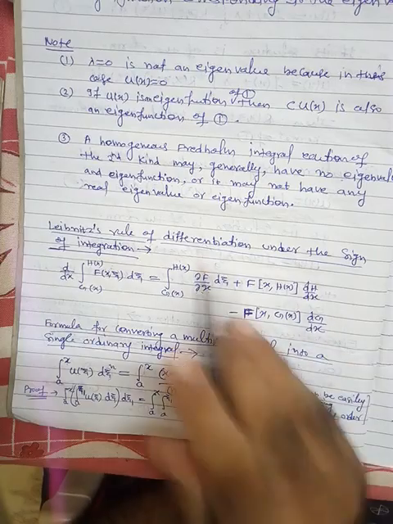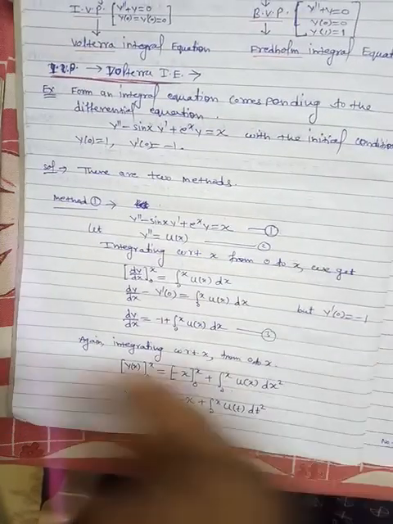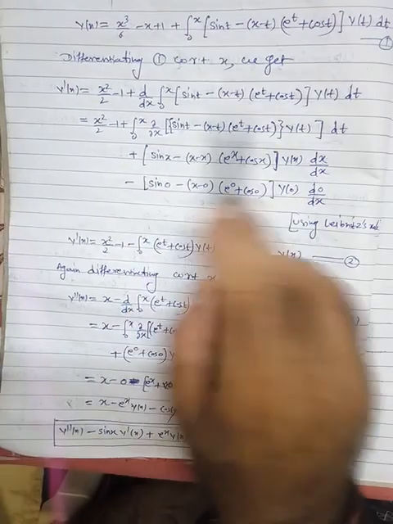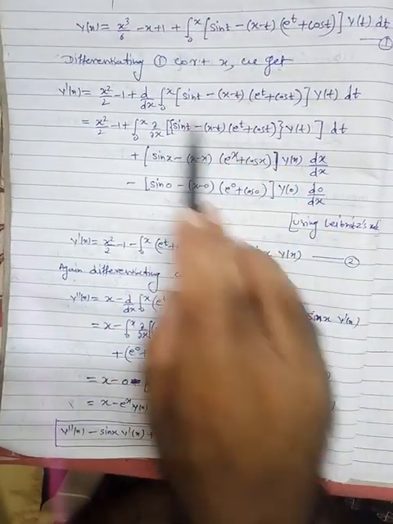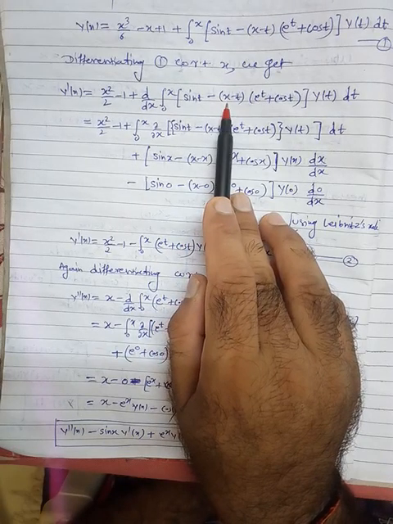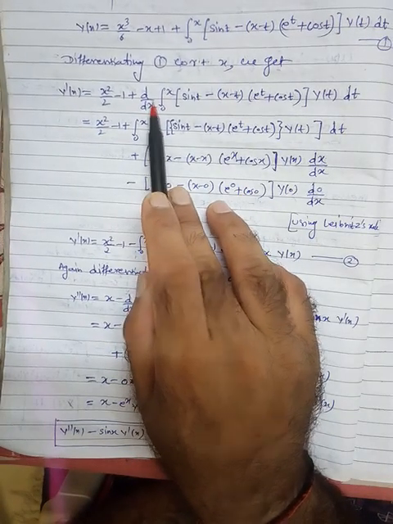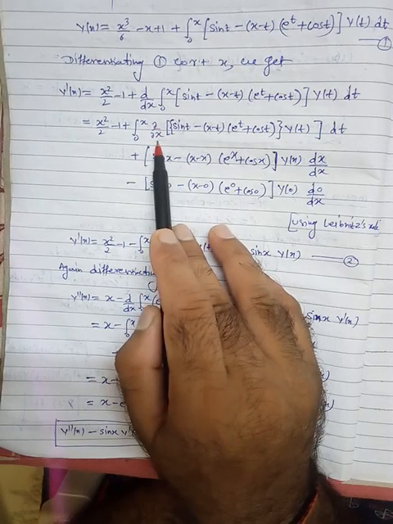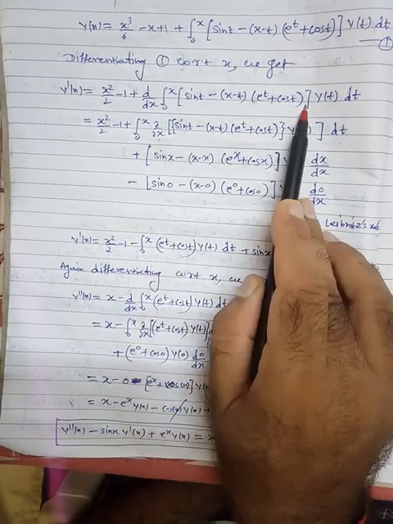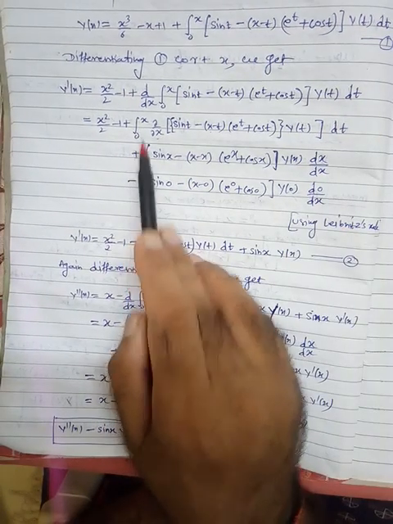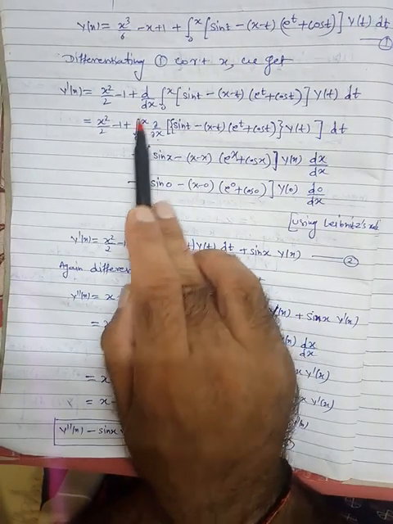So we will use this Leibniz rule here. So here d by dx, and this is a function of t and x, and here we are differentiating with respect to x. So integral 0 to x del by del x, partial derivative of this function with respect to x, dt, plus, now substitute the upper limit x.